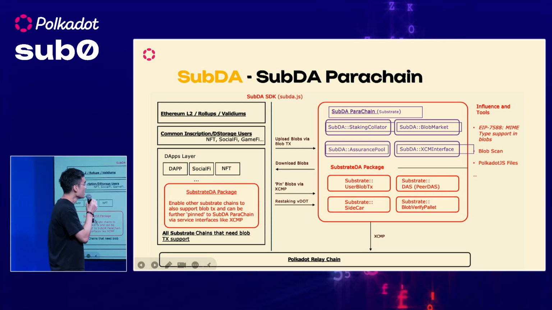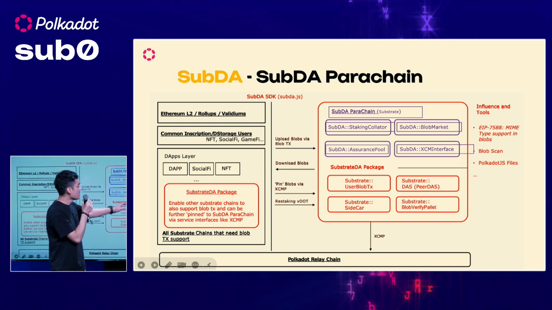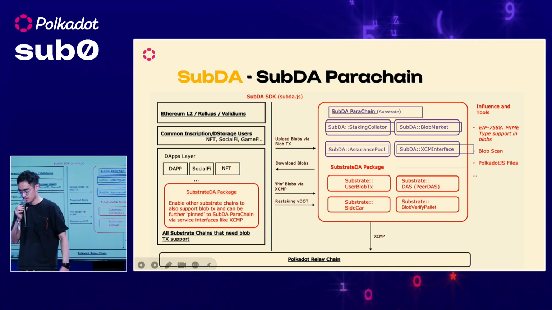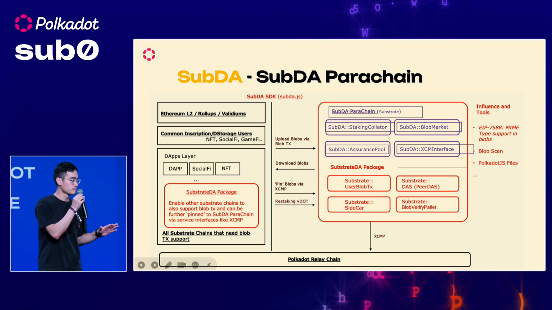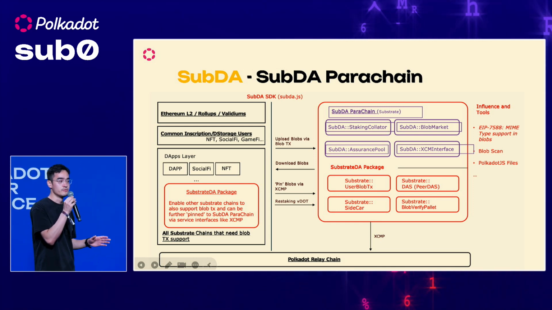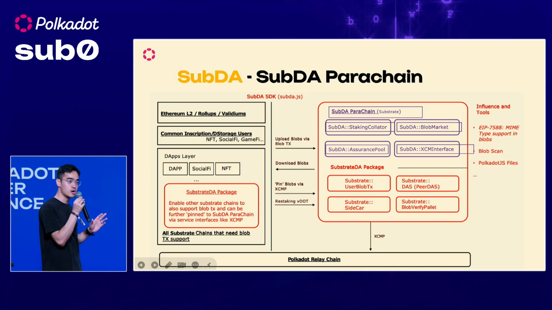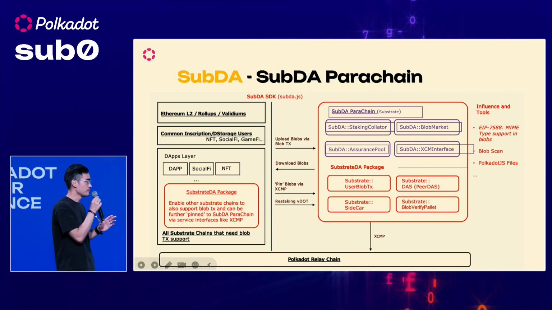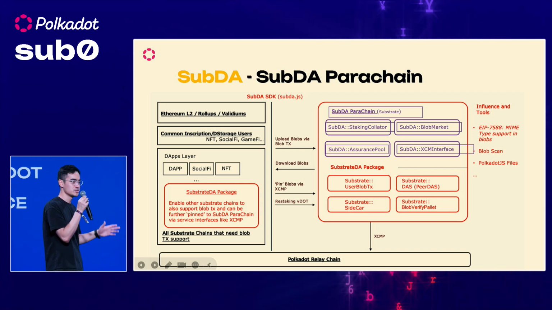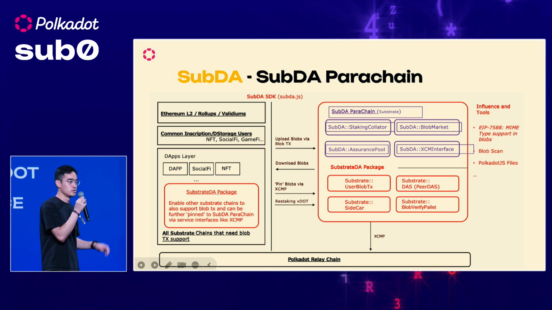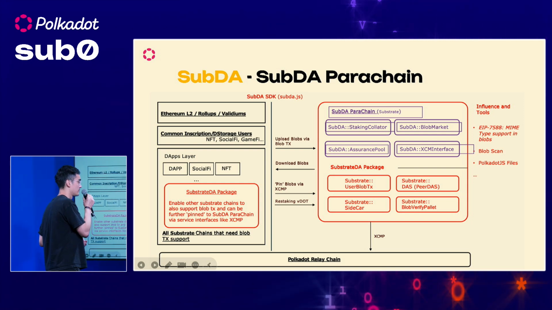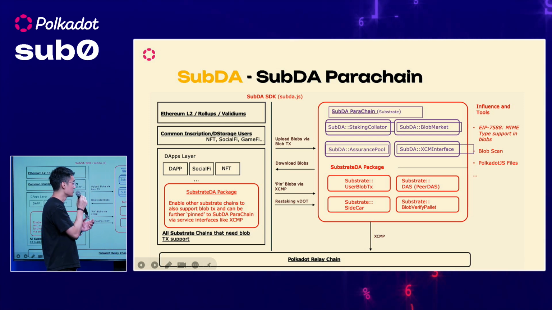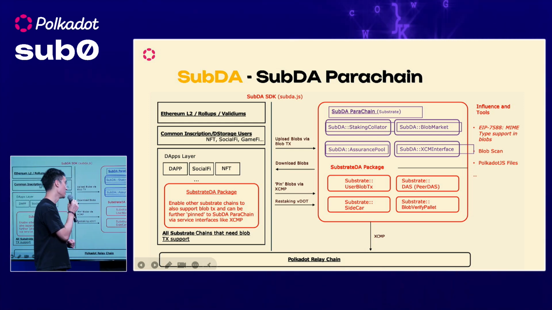And a standalone blob market will be supported, so we can have separate pricing for all the DA blobs, which will substantially reduce the data cost for processing DA transactions and blob transactions on-chain.